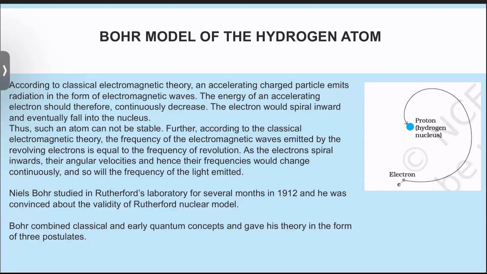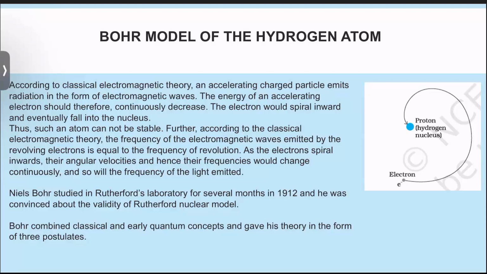Another thing in classical electromagnetic theory is that the frequency of the electromagnetic waves emitted by such revolving electrons should be equal to the frequency of the revolution. If the electrons are spiraling inwards, their angular velocities and corresponding frequencies will keep changing, and then the frequency of the emitted light should also change.